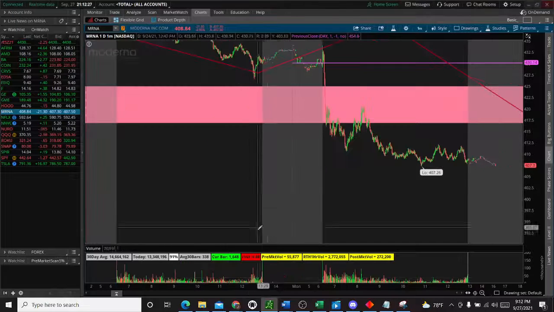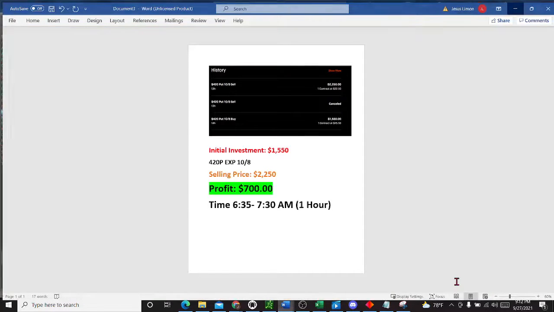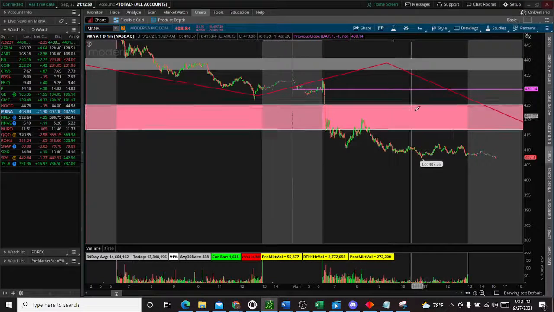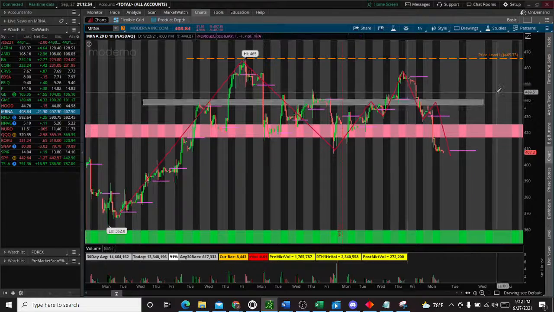So we'll go ahead and take a look at the buy and the sell. We bought the 420 put expiring next week at 15.50, and we sold it for 22.50 for a net gain of 700. Time in the trade was roughly 1 hour, and we did that this morning at the open.